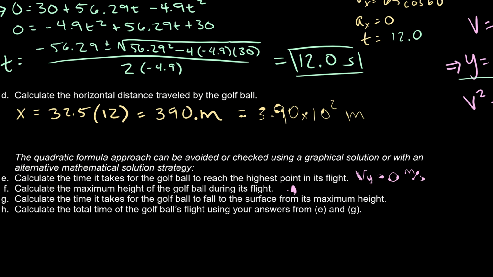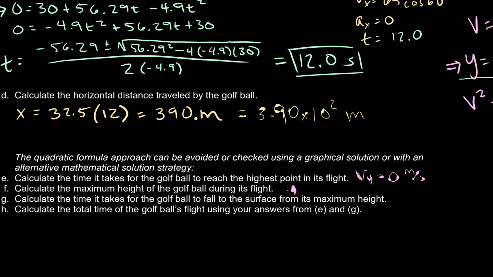So that time from the top down to when it hits the ground is going to be longer. But you can treat that sort of like a free fall problem. You know that highest height, you know that it's going to 0, and just figure out how long it takes for the ball to get to the ground using our y direction again. And then you can calculate the total time of the flight using your answers from E and G.